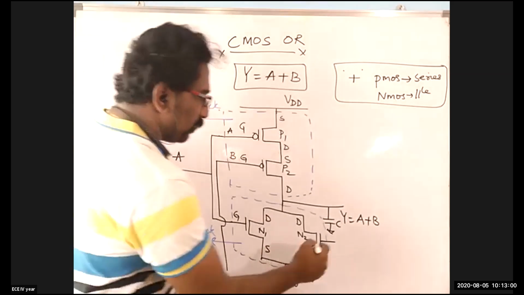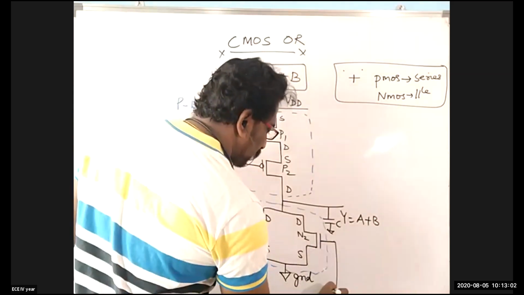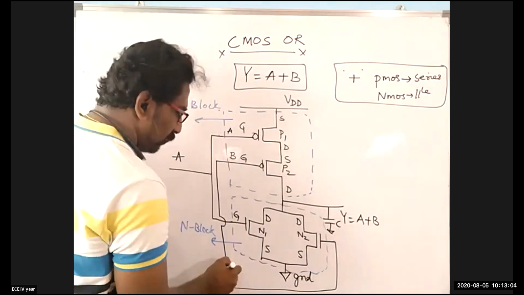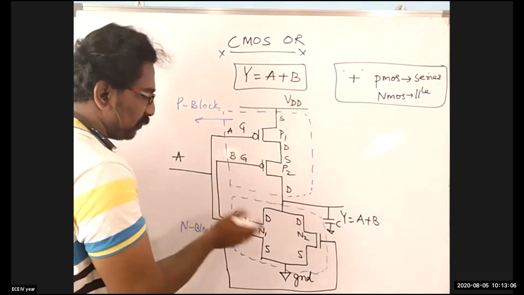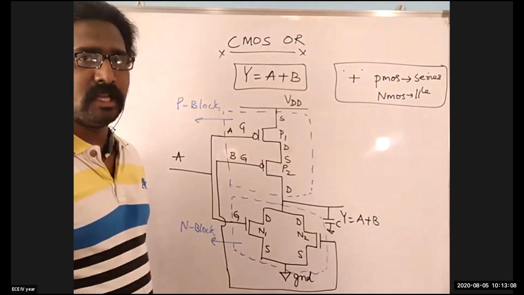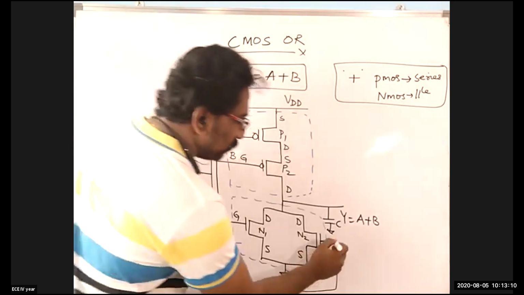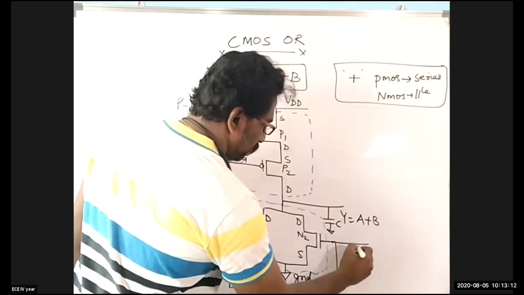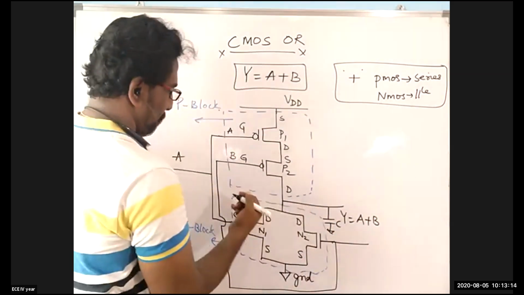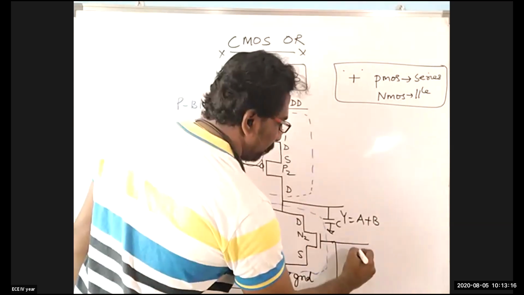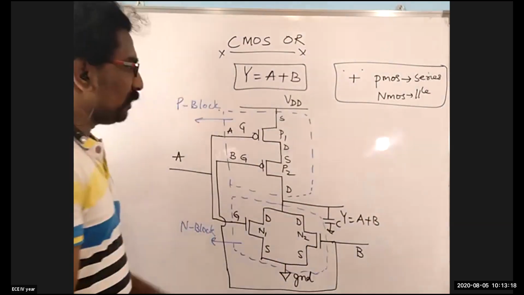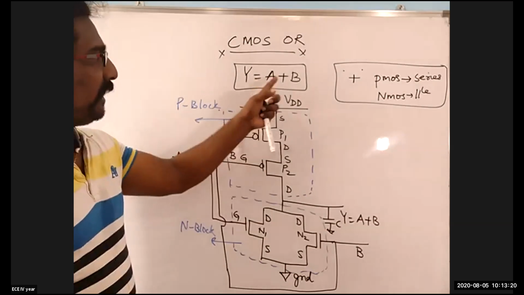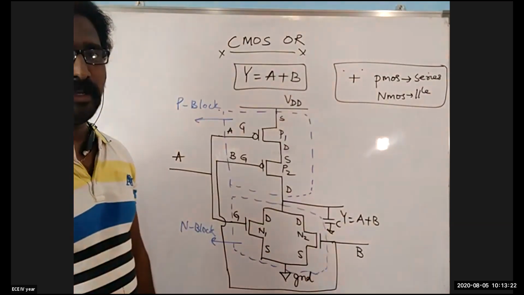I'm drawing in that fashion because it tells that there is no connection between those two lines. If I draw both overlapped, some of you might feel that all the three lines are connected. So now this is your input B. So now this becomes your structure for A plus B.